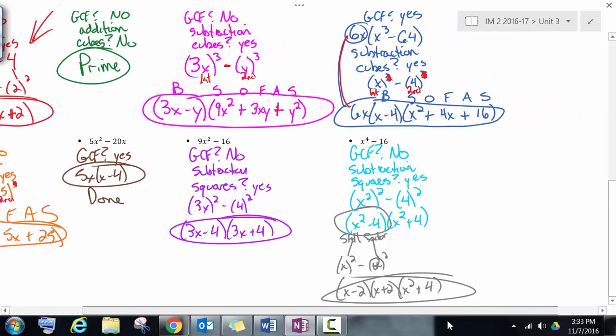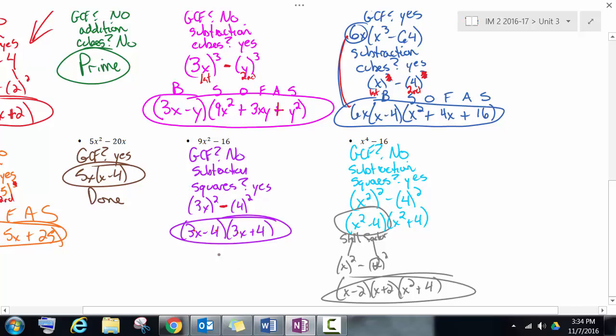All right, the pink problem here, 9x squared minus 16. Is there a GCF? No, there's not. Subtraction. Okay, squares. Yep. 9x squared is 3x squared, and 16 is 4 squared, and it is subtraction. So, squared means 2. We write 3x twice. We write 4 twice.